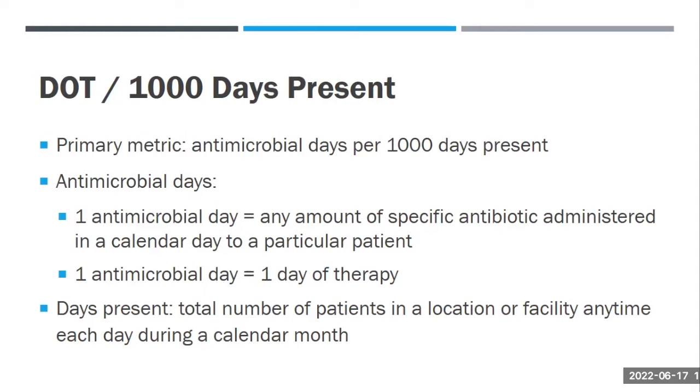Specifically, let's say your patient was in the ICU in the morning and transferred down to the general medical floor. That would count as a day present for both the ICU and the general medical floor that day. But when you're combining and looking at the facility-wide inpatient metrics, combining all of your inpatient units, that would only be 1 day present because they were still physically within your system for that day.